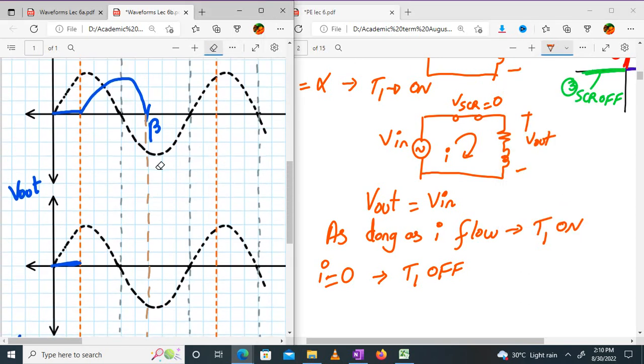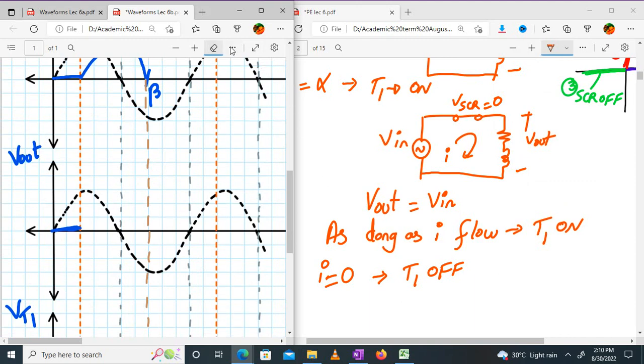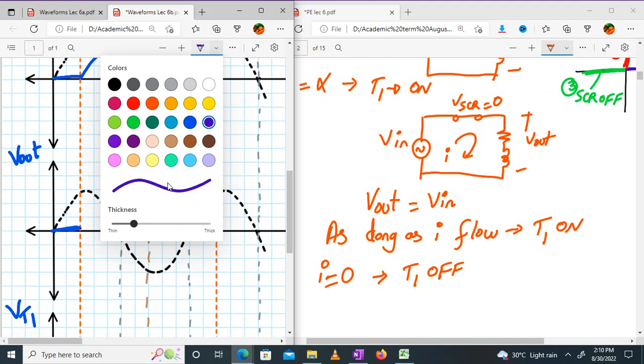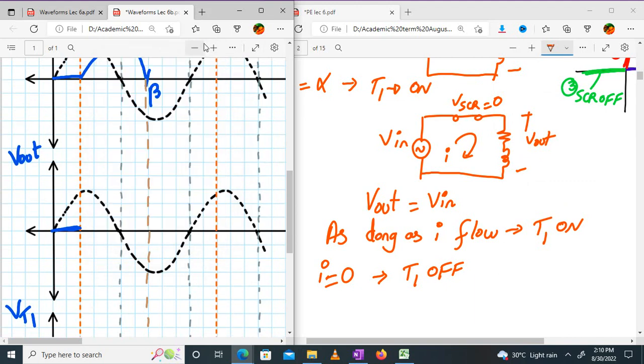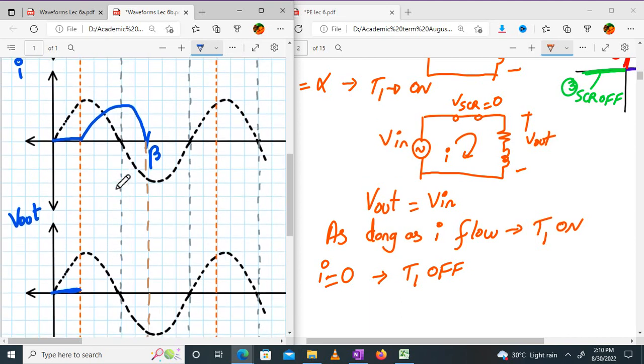Are you all following? Can I continue and then you can continue? Now, we have drawn the waveforms up till 0 to alpha, right?